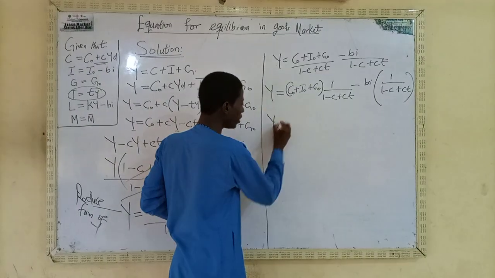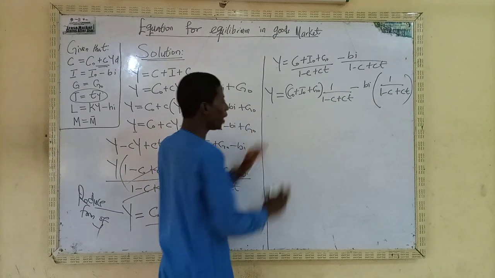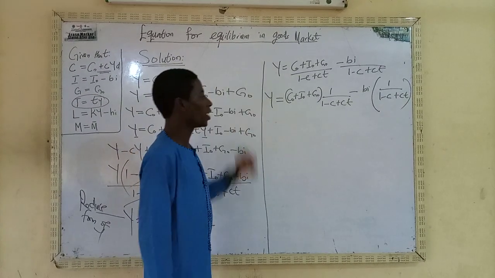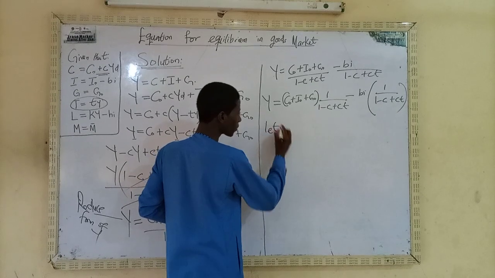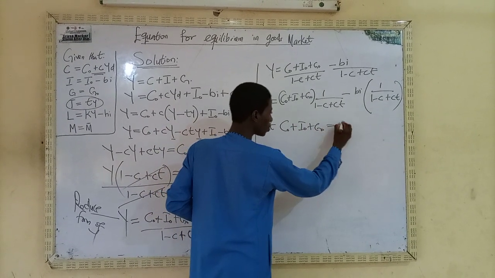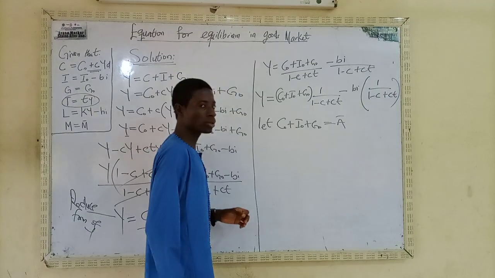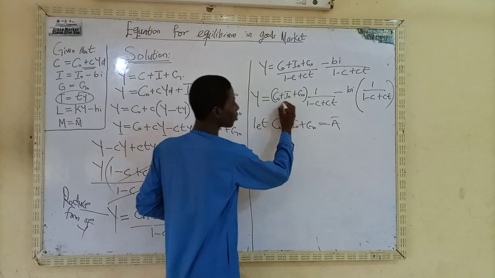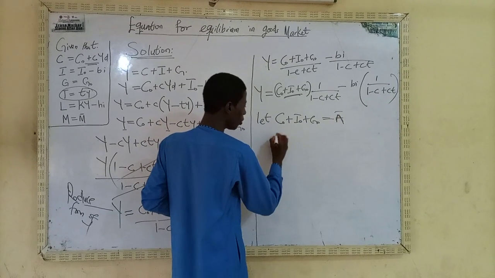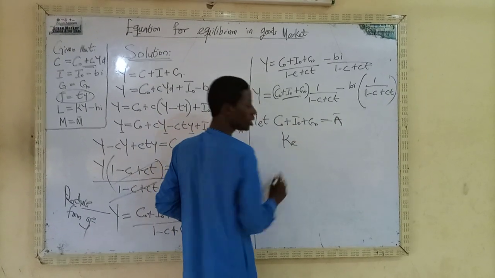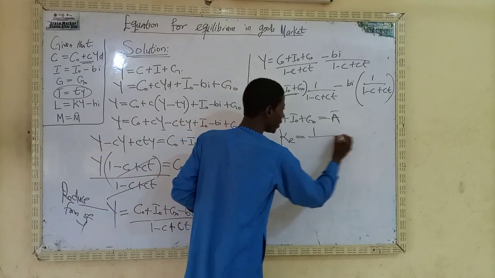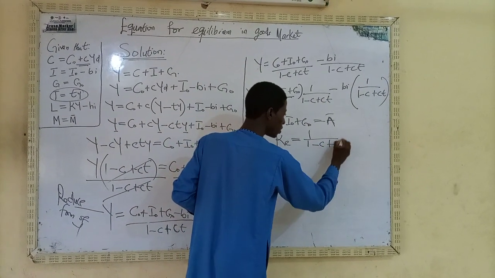So we can say our Y is equal to, now once we have these functions and we are looking for the equation that will represent the goods market, we let C0 plus I0 plus G0 be equal to A bar, taking in autonomous spending. So instead of writing the autonomous spending, we represent it with A bar. Also our Ke, which is our multiplier, is 1 divided by 1 minus c plus ct.